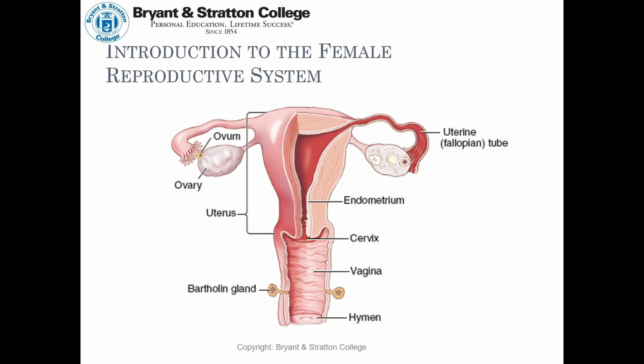So looking here, we've removed essentially all the excess non-reproductive anatomy. When we look at the uterus itself, the uterus, kind of like the heart, has several layers to it. The innermost layer, which actually functions to nourish the ovum or the egg, is the endometrium.